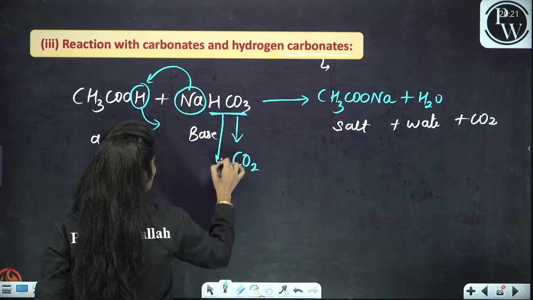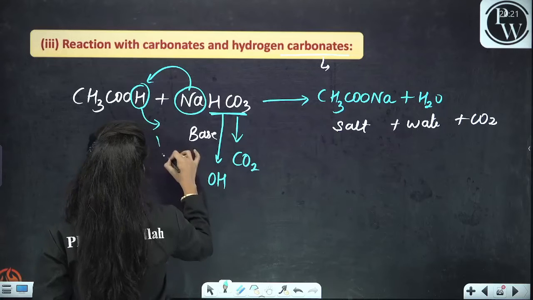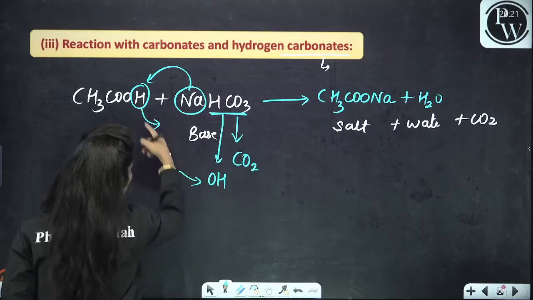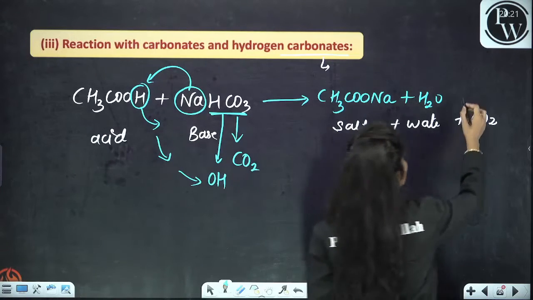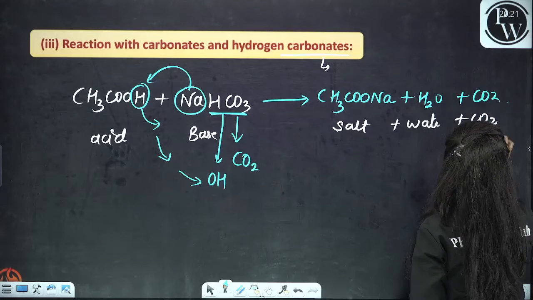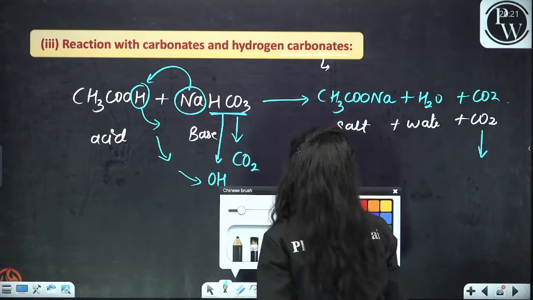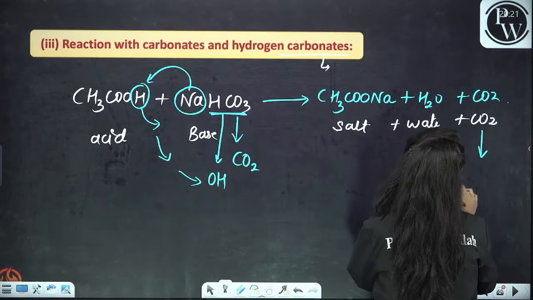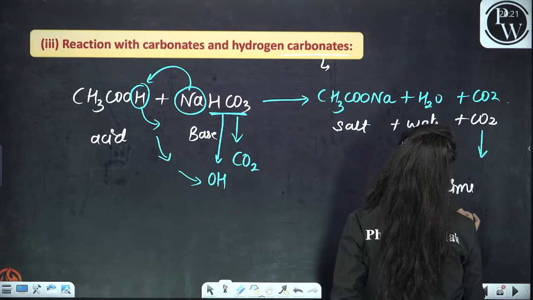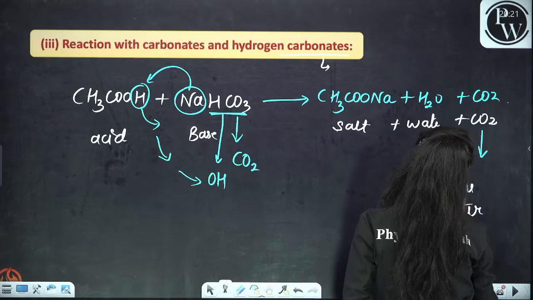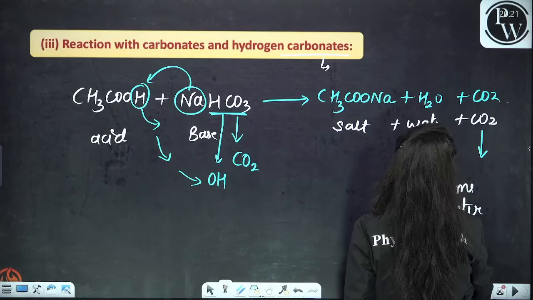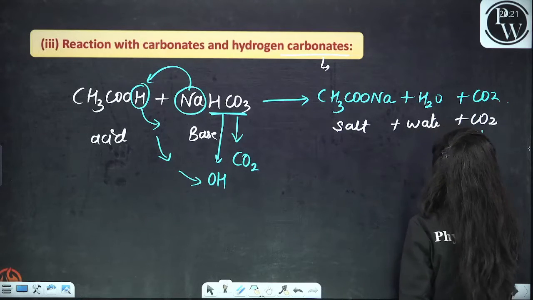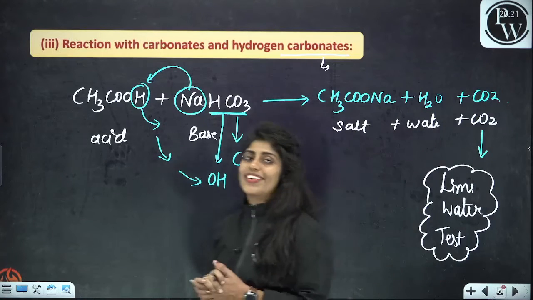It will also give you water. So you can see water and formation of CO2. Now, you can detect the presence of CO2 by the lime water test. Now, this is your homework. Do let me know in the comments what that lime water test is.